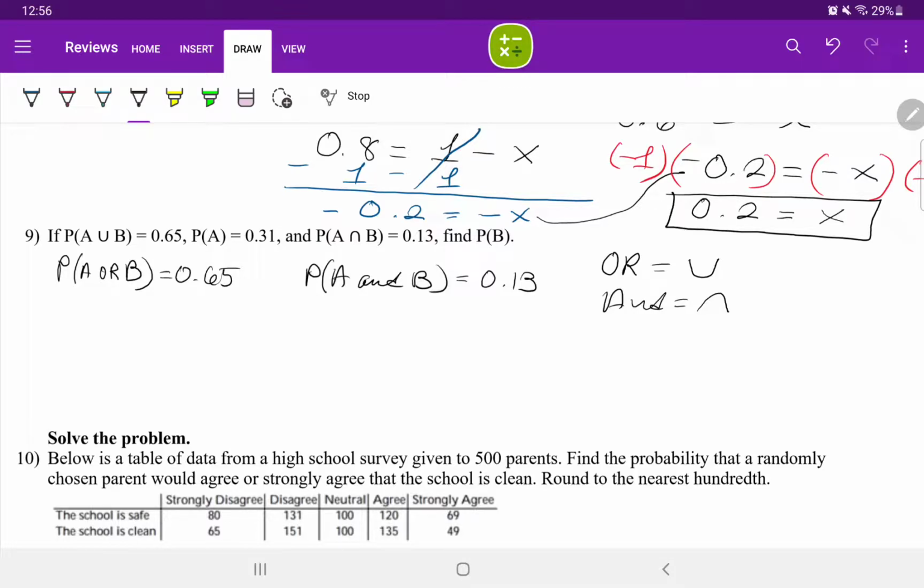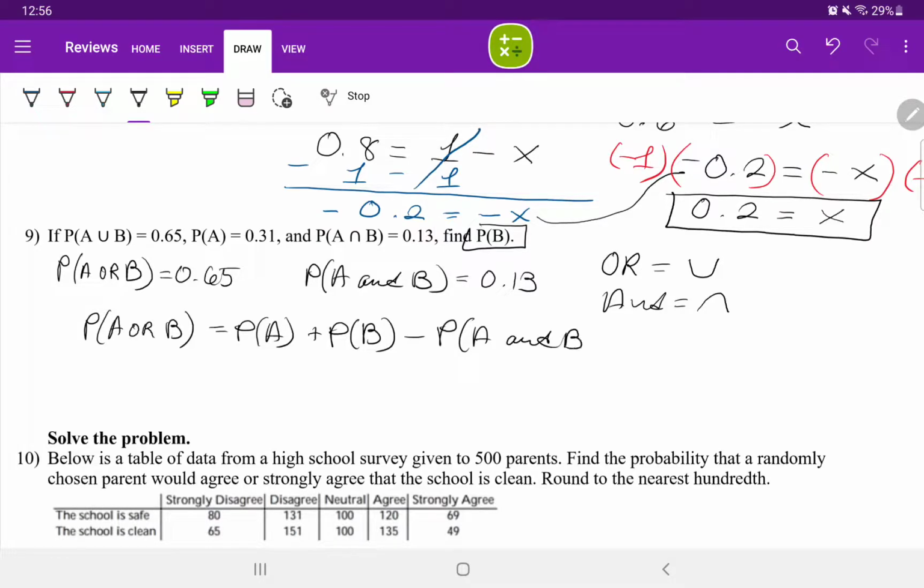And we can use the addition rule to find the missing piece, which is the probability of B. Because the probability of A or B equals the probability of A plus the probability of B minus the probability of A and B. So 0.65 equals the probability of A, which is 0.31. We have to find the probability of B, so we can just call that X, minus the probability of A and B, which is 0.13.